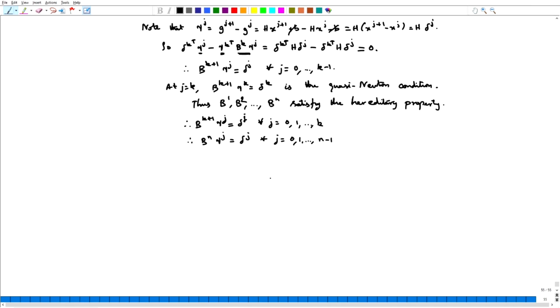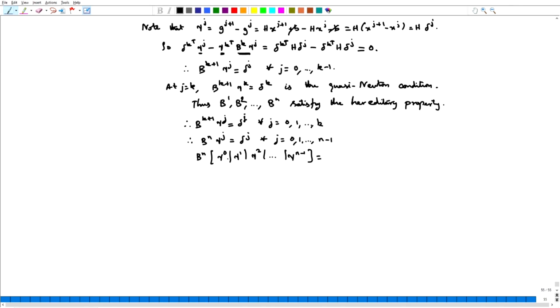Okay. So, I will put all of these. So, note that gamma j and delta j are vectors, right. So, column vectors, I mean they are n cross 1 matrices, so as to say. Okay. So, I will stack them vertically, right. So, if I do this, bn times gamma 0 gamma 1 gamma 2 dot dot dot gamma n minus 1, now I have an n cross n matrix, right.